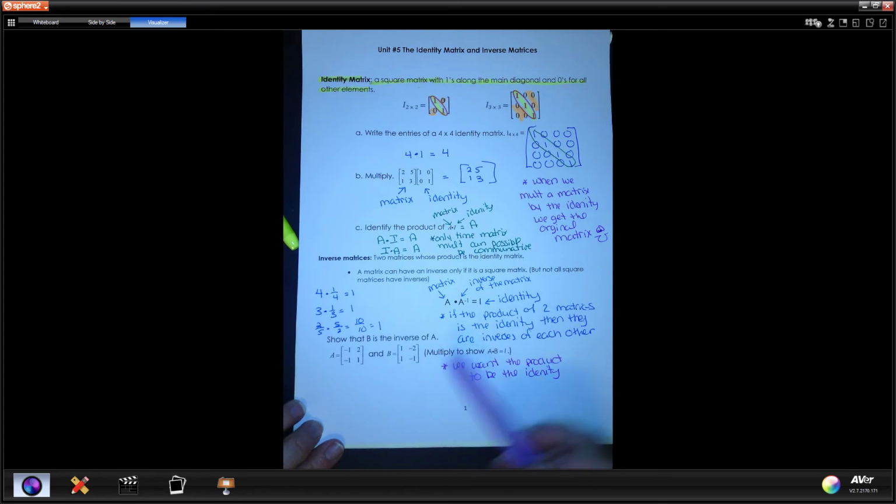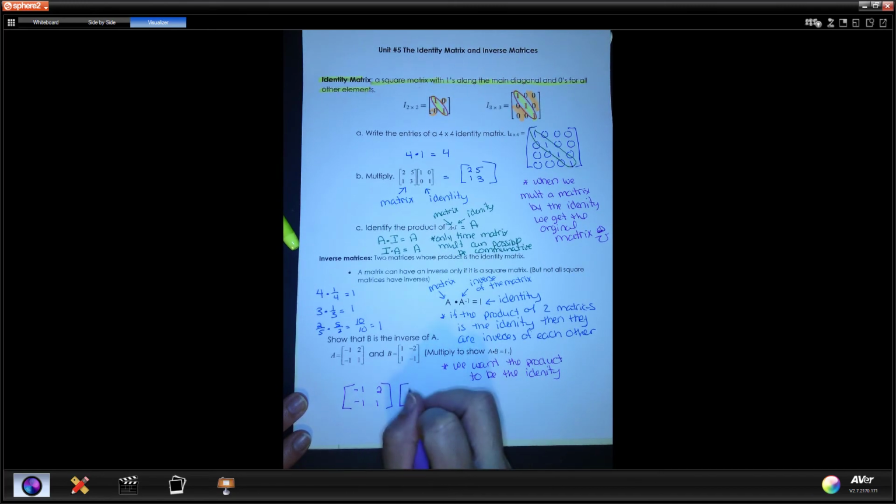So we want that diagonal of ones, zeros above, and zeros below. So we're just going to put this in our calculator. -1, 2, -1, 1. And we're going to multiply that by 1, -2, 1, -1.